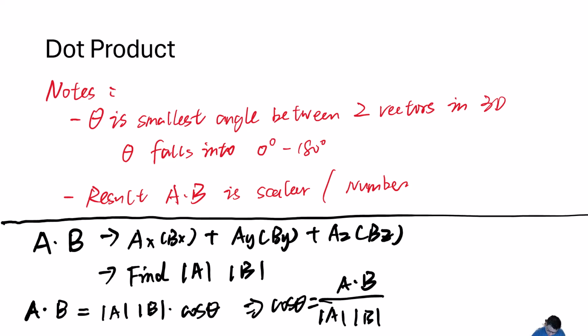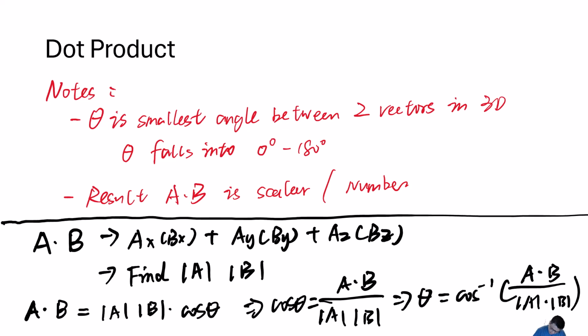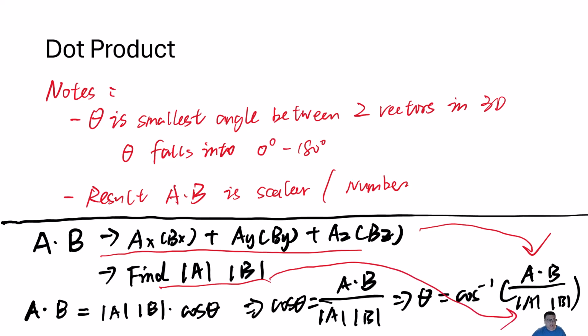Theta will be the inverse cosine of A dot B over A magnitude times B magnitude. In this way we can find the angle between the two vectors.